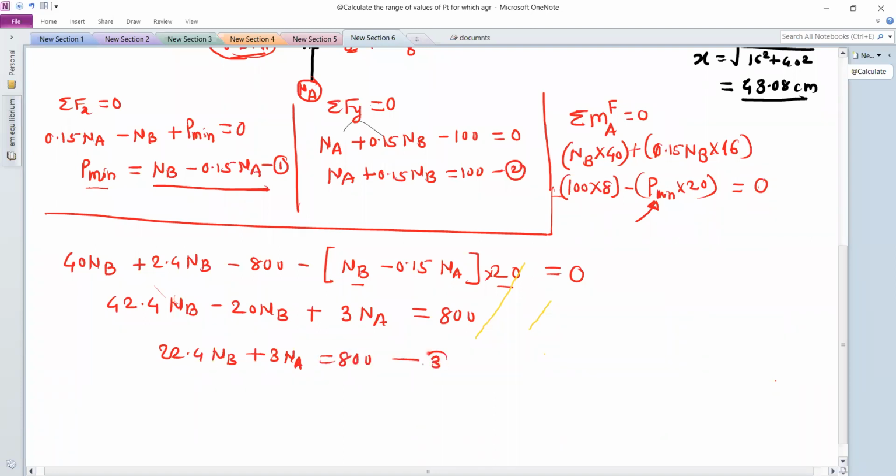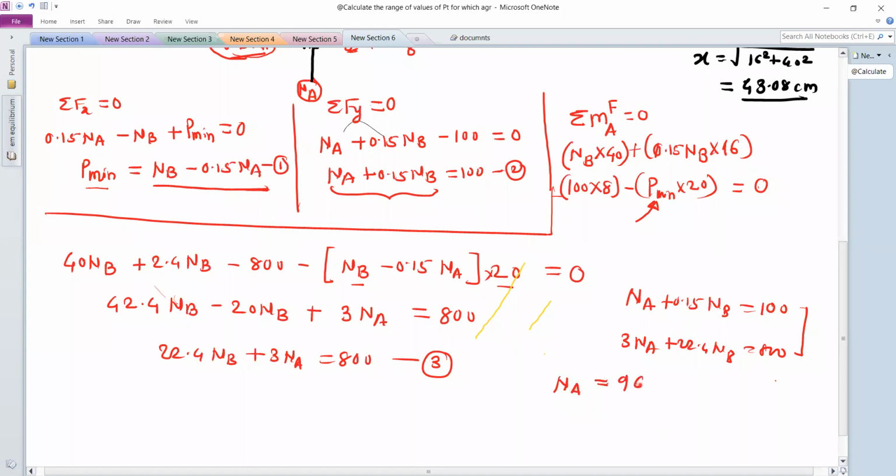So you can take this as equation 3. Now this equation, Na plus 0.15 NB, and this equation are simultaneous equations. So Na plus 0.15 NB is equal to 100. The second equation is 3 Na plus 22.4 NB is equal to 800. Solve these two equations simultaneously and get the values of Na and Nb.